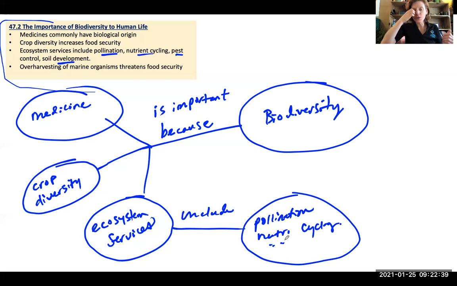It's really up to you if you're going to split something out, if you think it's a big enough concept that you want to go into it in more detail, or you could include several in one circle, sort of like here.